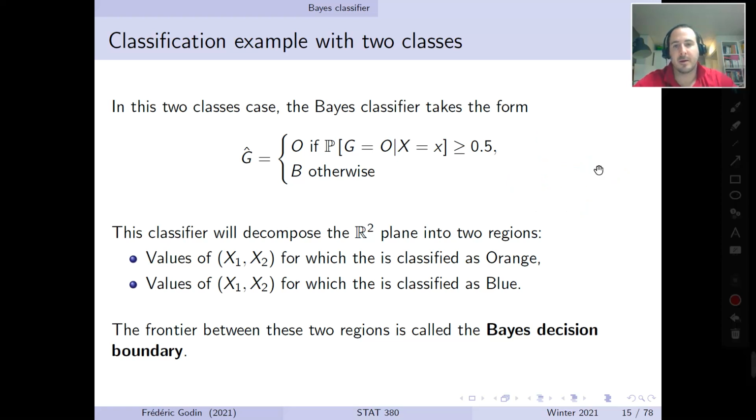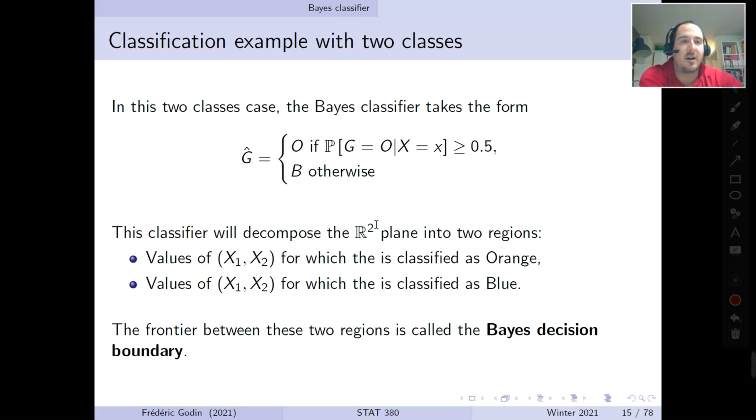Our classifier, the Bayes classifier, which has this form here in our problem, will decompose the R2 plane into two regions. Why R2? Well, R2 is the predictor space, in fact. Predictor 1 lives in R, predictor 2 lives in R. So the total possible values of the predictors fall in R2, the plane.